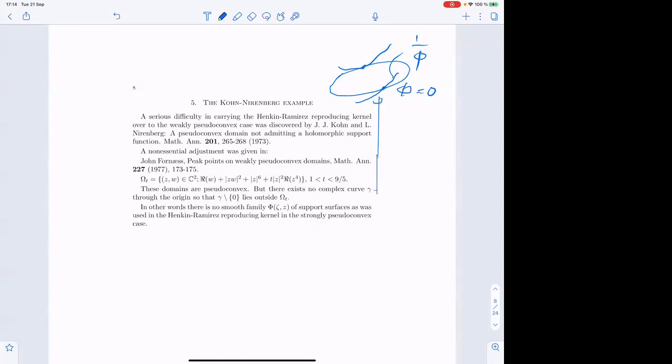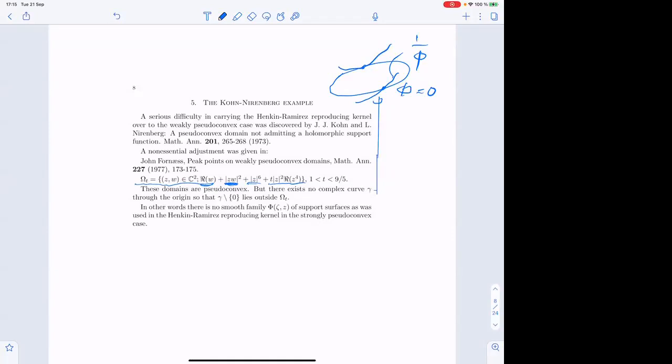these domains are written like this. You have the real part of omega, the real part of the second coordinate plus something to make it bounded, plus e to the 6, and then the real part was e to the 4th times z squared. So it's homogeneous of degree 6. And for this to work, t has to lie between two numbers, 1 and 9 over 5.